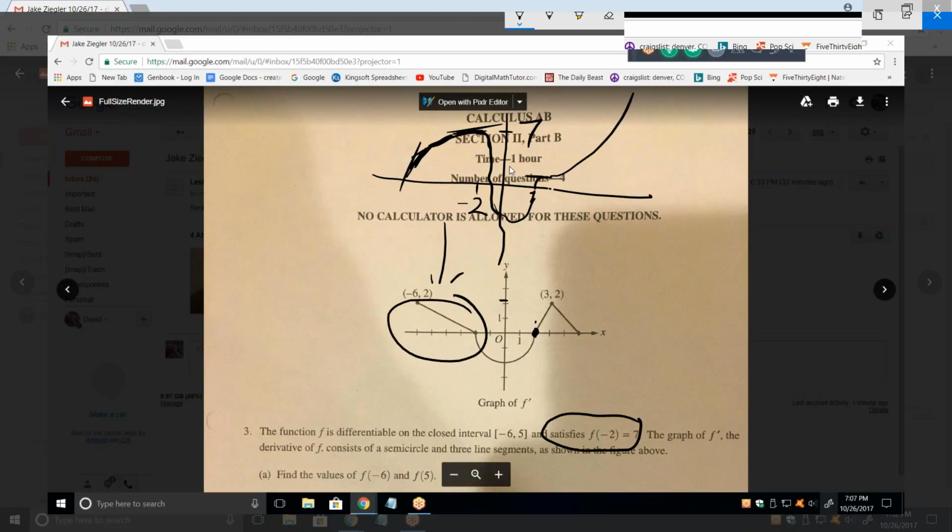Therefore, we need a flat place like that at 2 in the original function. And this is all positive, so the original function has to be increasing during that whole interval, but it's increasing with increasing slopes here.